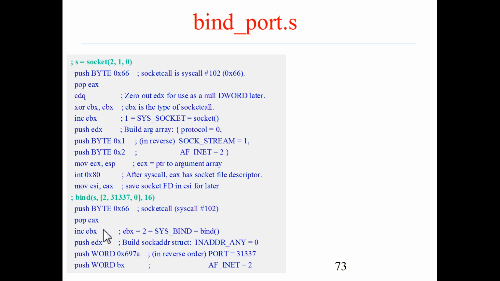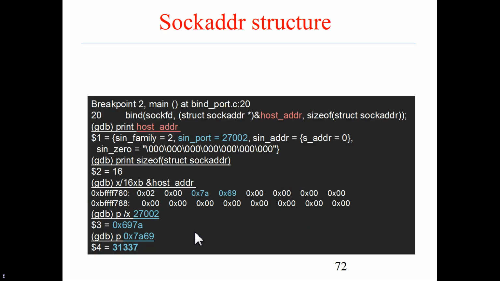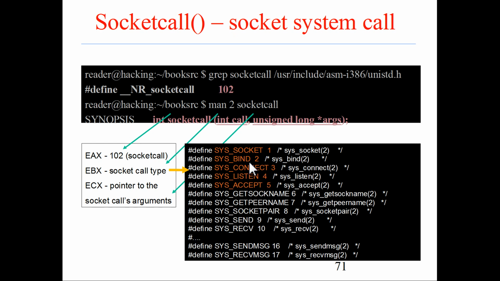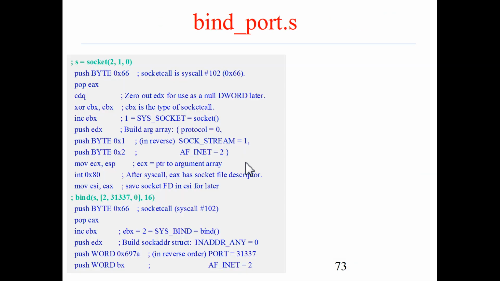So we're setting EAX to the socket call family again, and then EBX, we know from just actual experience that it's not going to be trampled by the system call, and EBX will still be 1, and so we increment it again to get 2, and so that's specifying what socket call function we are going to use, and that happens to be bind. That's where the 2 is.